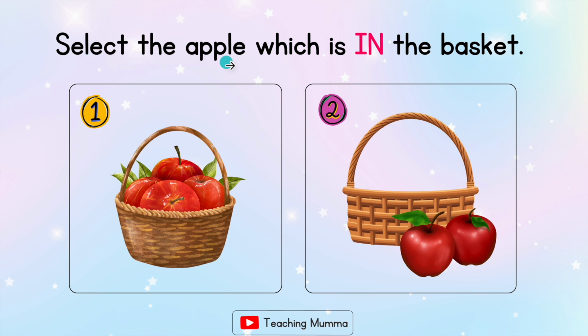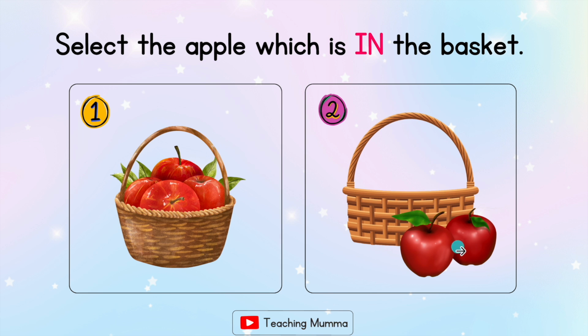Select the apple which is in the basket. Option 1, option 2. Okay, so in option 1, you can see 4 apples inside this basket. And in option 2, there are 2 apples. But where are they? In the basket or outside the basket?